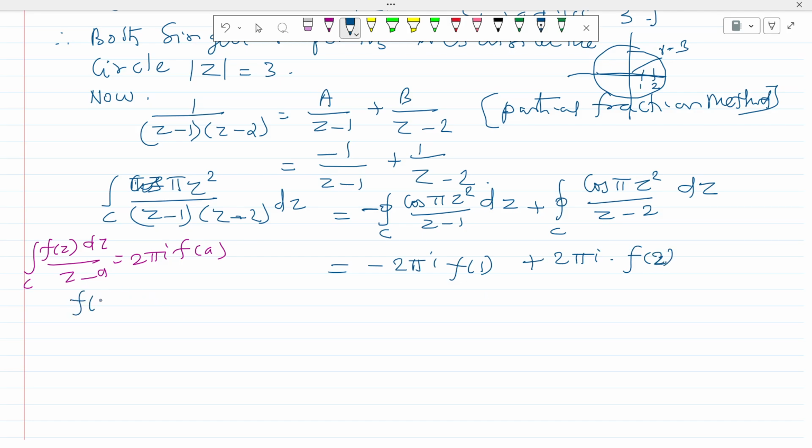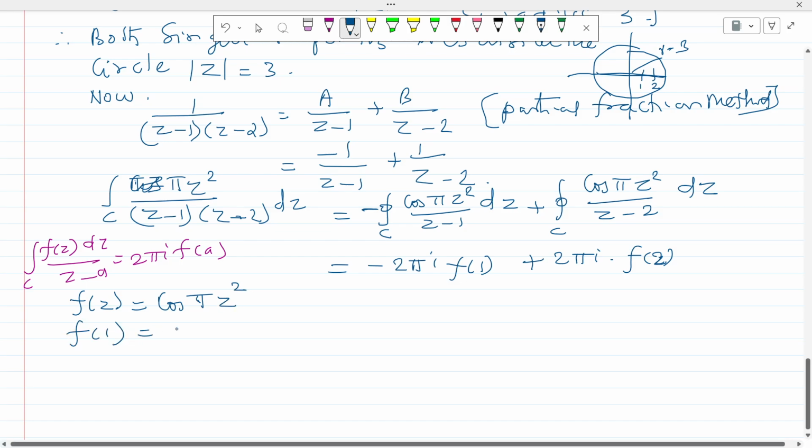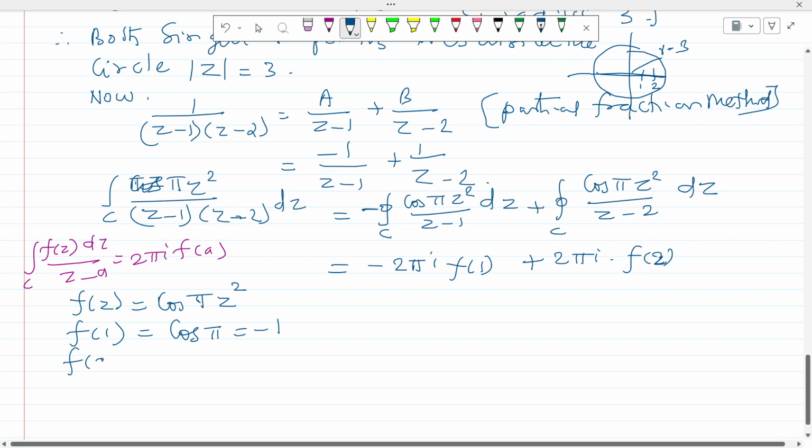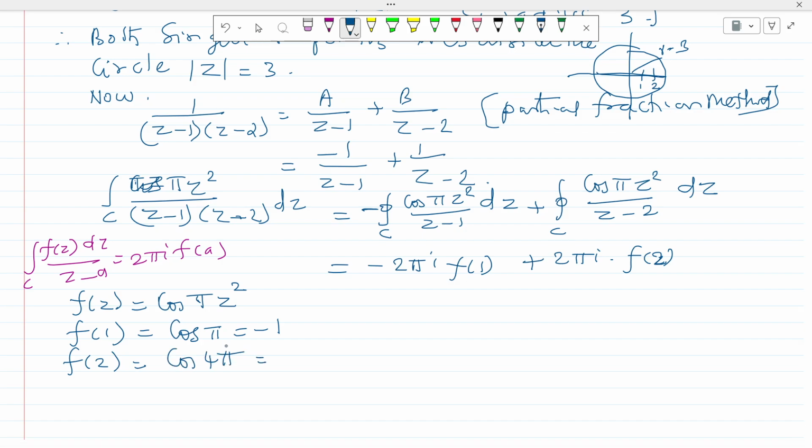What is f of z first? Cos(pi z square) is f of z. Therefore f of 1 is cos pi, which is minus 1. What is f of 2? Cos 4 pi. Cos pi is minus 1, cos 2 pi is plus 1, cos 3 pi is minus 1, cos 4 pi is plus 1.